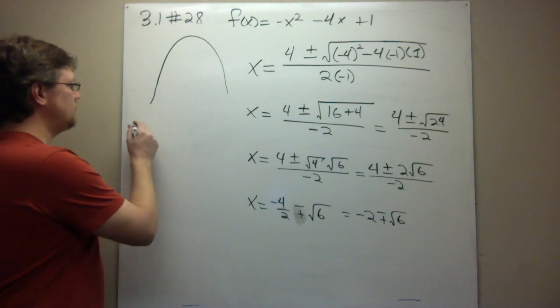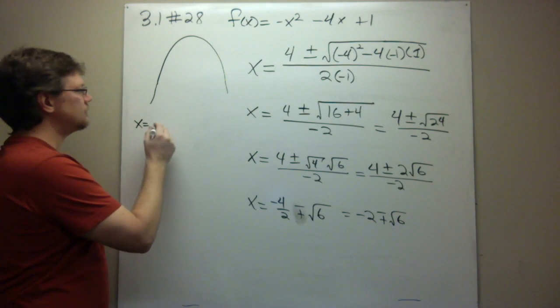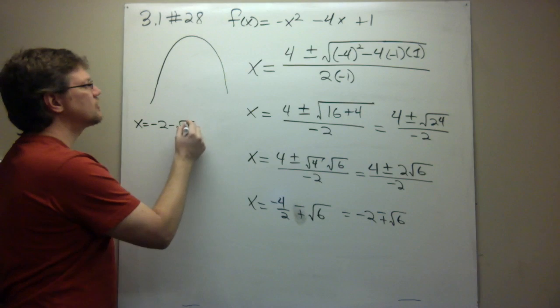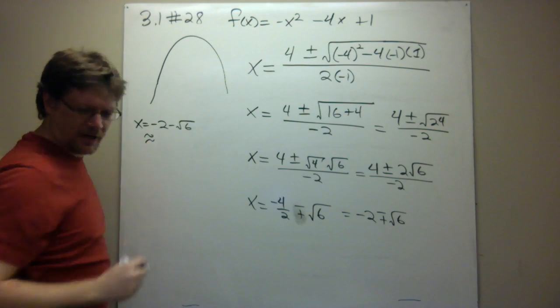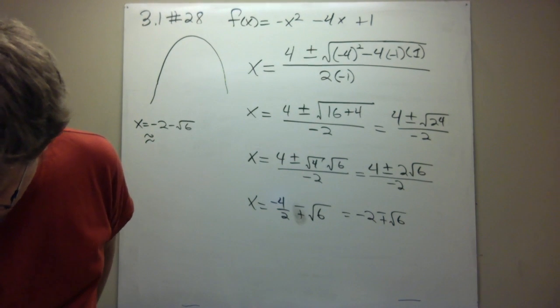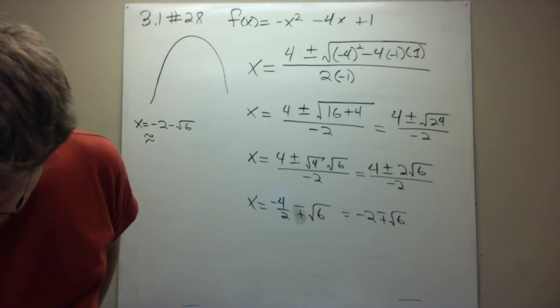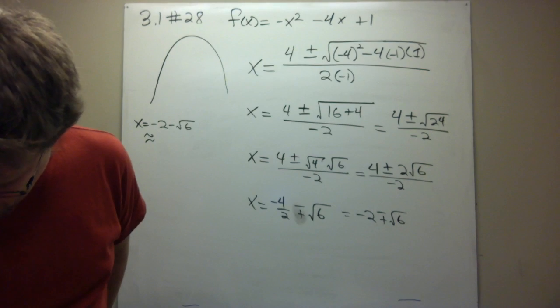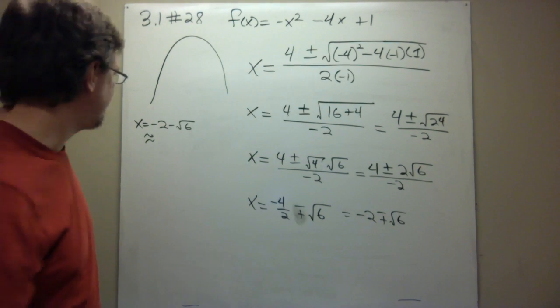So our two zeros, minus 2 minus the square root of 6, numerically this is about negative 4.45-ish.